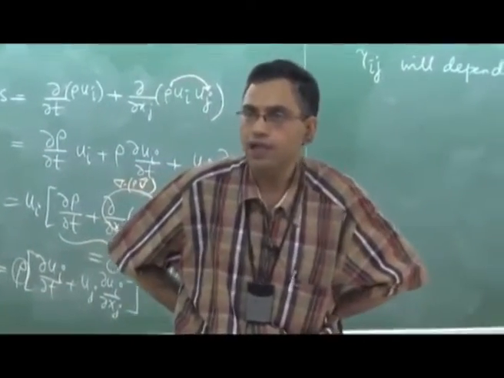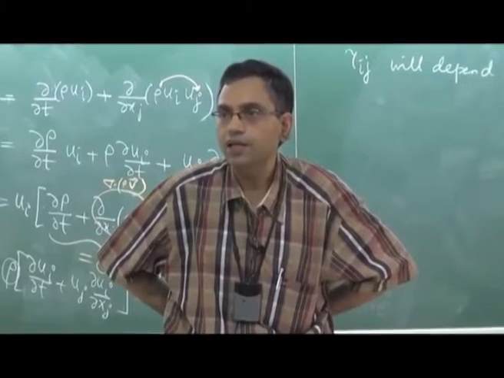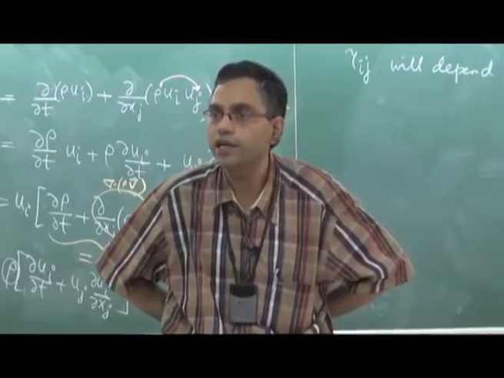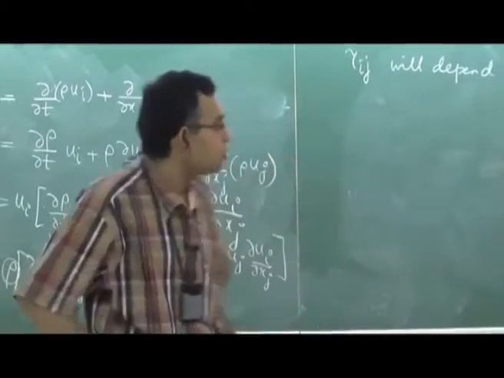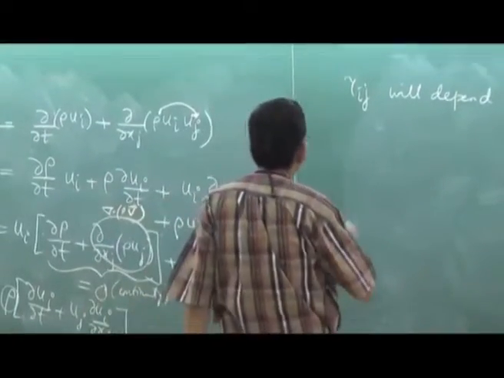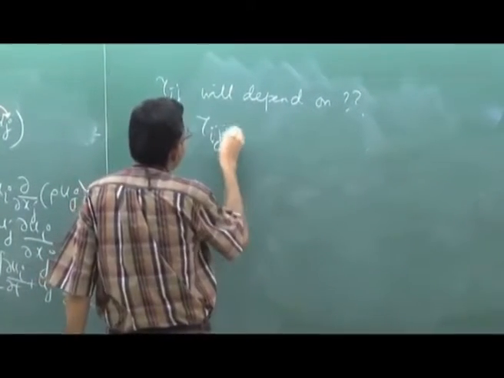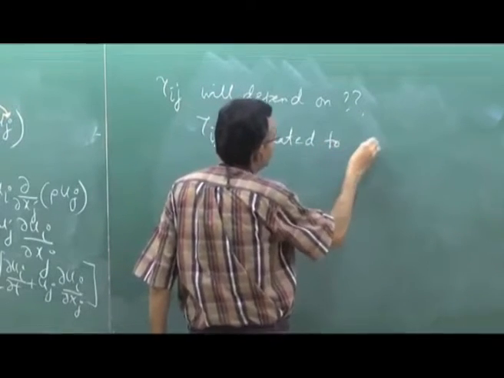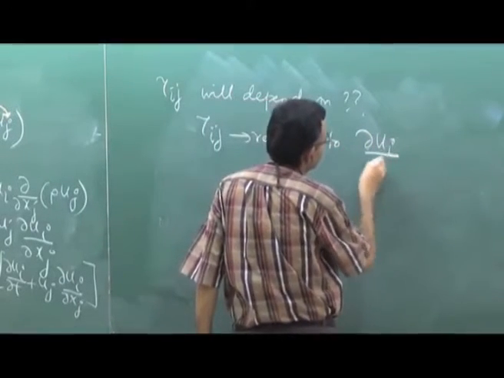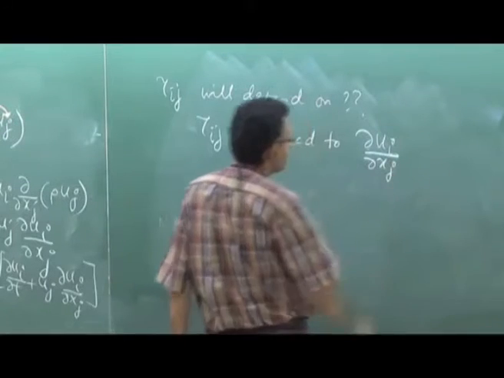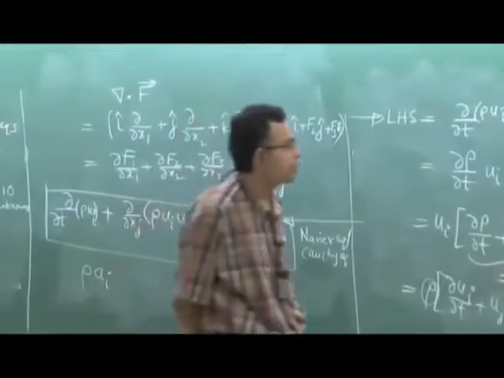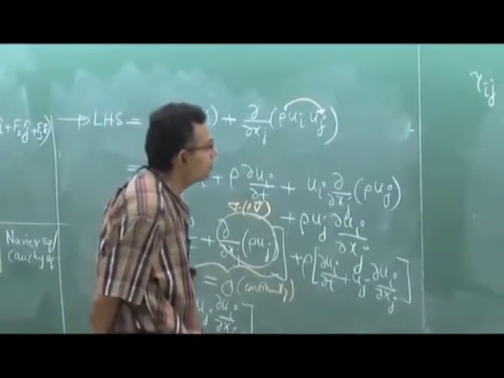And rate of deformation, by using your knowledge of fluid kinematics, you know is related to the gradients of velocity. So tau ij is related to, okay.